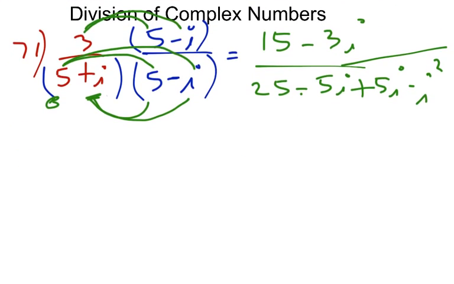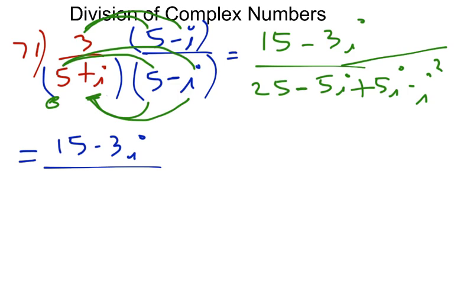Okay? I have that. What's my following step? I'm going to bring those over here. Let me bring the top. Can I combine 15 minus 3i? Hopefully you say no. I cannot. So I have 15 minus 3i. On the bottom, I combine whatever I can. This is a negative, not a division there, so I hope you didn't get confused.